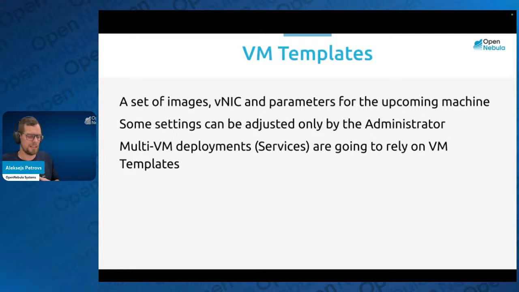You may attach your network after that. Some aspects of the virtual machine are editable after you deploy, but some you would like to pre-configure. And to some extent, if you're more on the automation side, you may want to pre-configure as much as possible, right? Another quite important thing is the parameters for the upcoming machine, like the CPU available and the memory available. All that is also part of the virtual machine template.